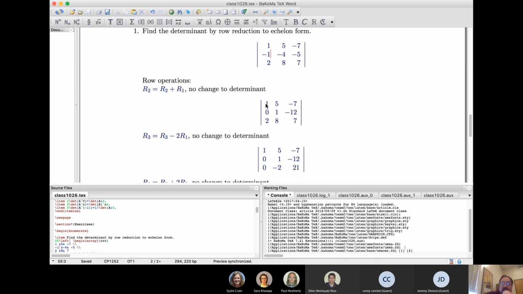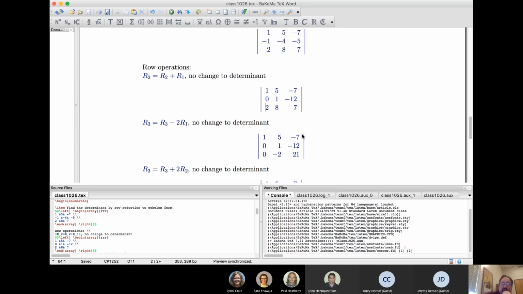I take this row and subtract this row times 2 from this row to eliminate this entry. So again, no change in determinant. So already what I could do is take the determinant of this by saying it's equal to 1 times the determinant of this 2 by 2 matrix here, because if I'm doing a cofactor expansion along the first column, these entries are 0, so I don't have to worry about this one.